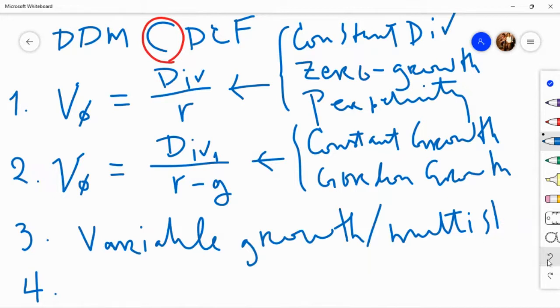And the fourth model is the free cash flow model.